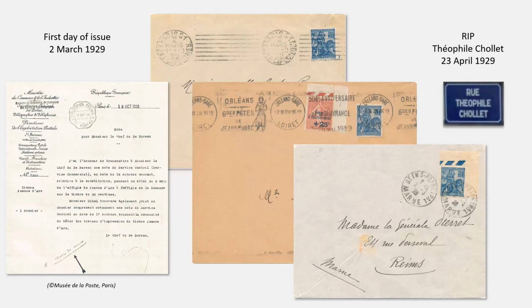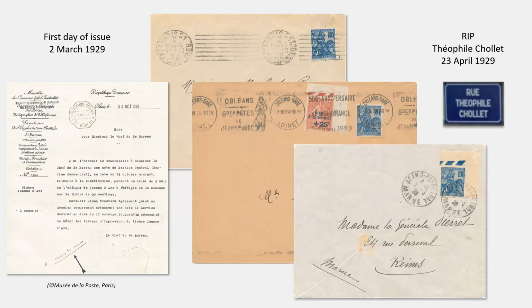I've managed to get Reims, which of course is where Charles was crowned in the presence of Joan of Arc, Orléans itself, and Paris. So those are now very much accepted. The 2nd of March is very much accepted as the first day of issue of the Joan of Arc stamp.